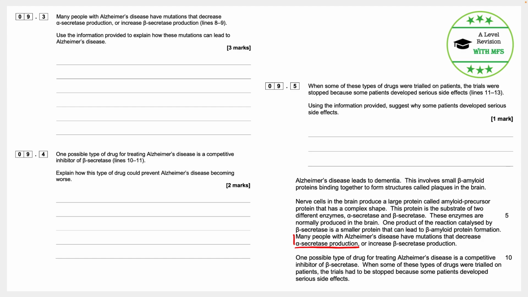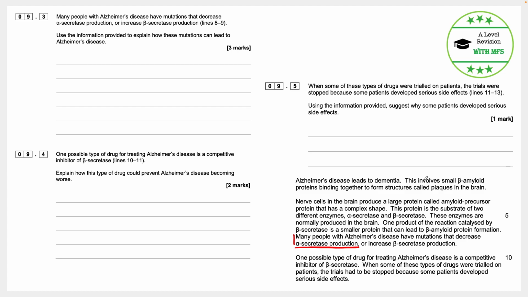Because it's decreasing the production of that functional enzyme, there will be more substrate left to bind to the beta secretase enzyme. And if beta secretase enzymes have more substrate bound to them, that will cause more plaque to be formed, as we can see through this text.